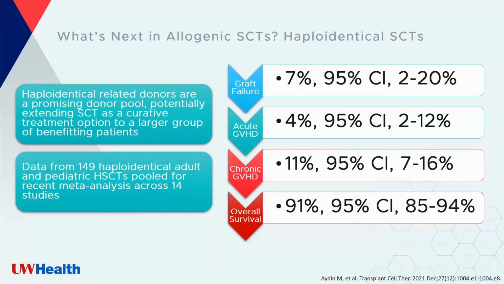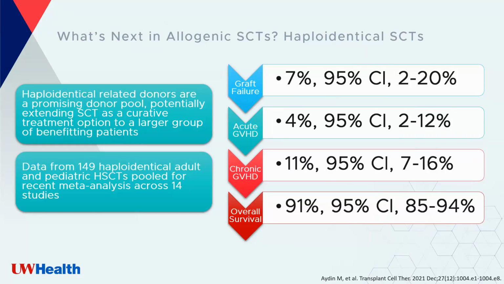149 haploidentical adult and pediatric hematopoietic stem cell transplants pooled for recent meta analysis across 14 studies where you see the safety data here for graft failure, acute graft versus host disease, chronic graft versus host disease, and also overall survival, where you see here overall survival was 91%.